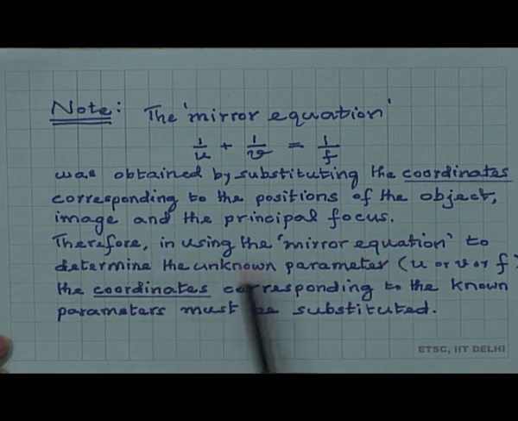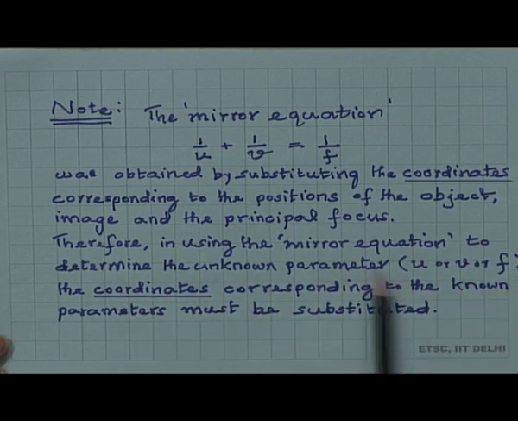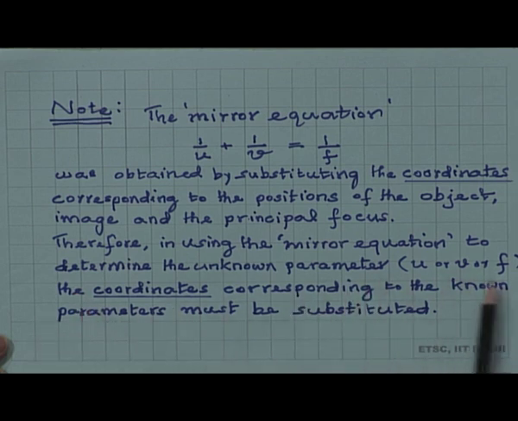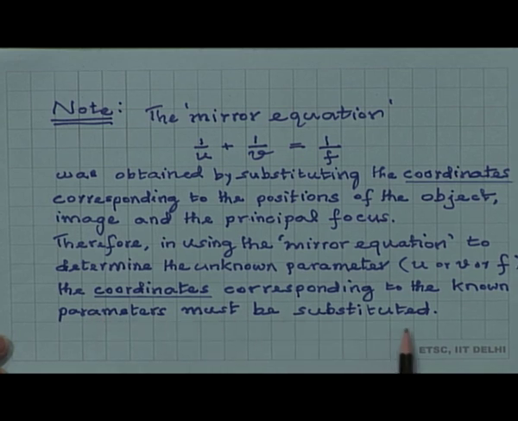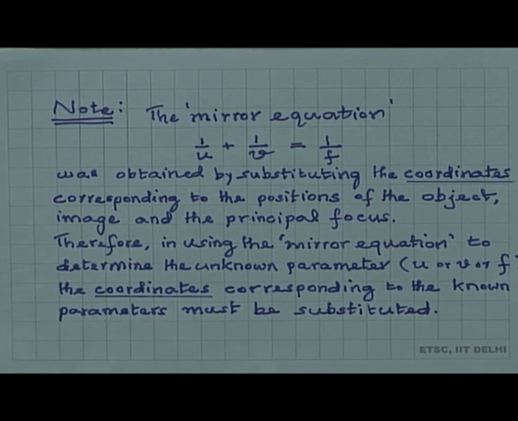Therefore, in using the mirror equation to determine the unknown parameters u or v or f, as in any numerical problem, the coordinates corresponding to the known parameters must be substituted. We should take care of this whenever we have a numerical with a concave mirror or a convex mirror.